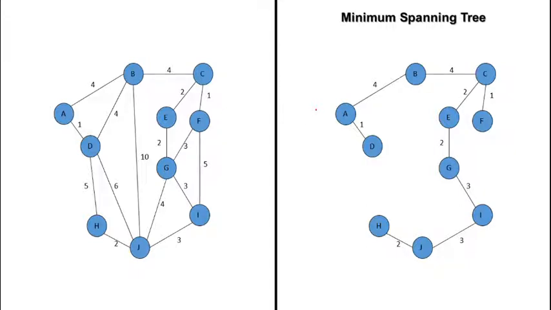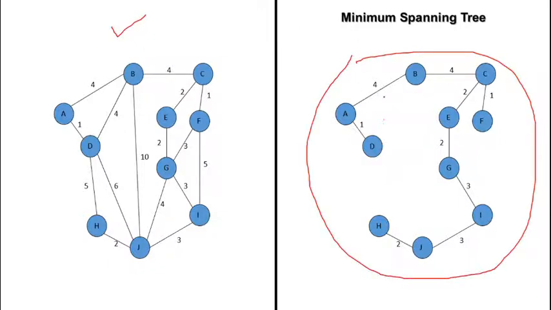But the minimum spanning tree is based on the graph here, and the algorithm can obtain it, where all of these are the minimum, and the total is the minimum compared to other combinations.